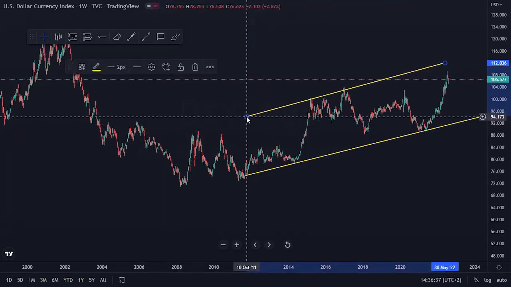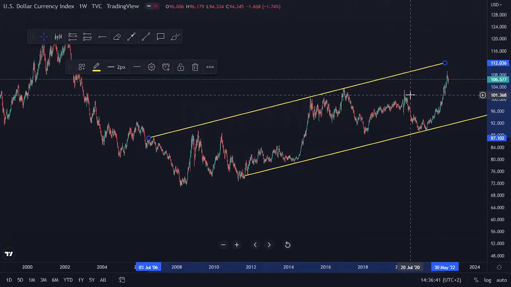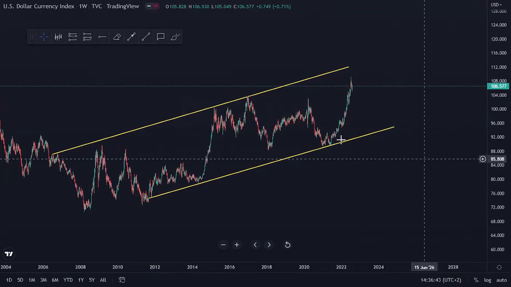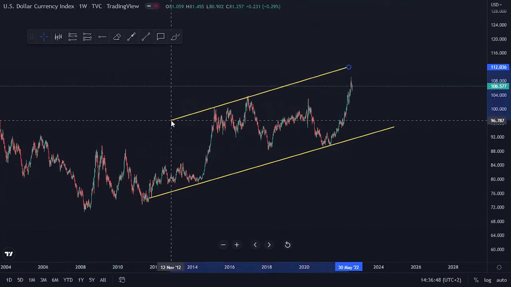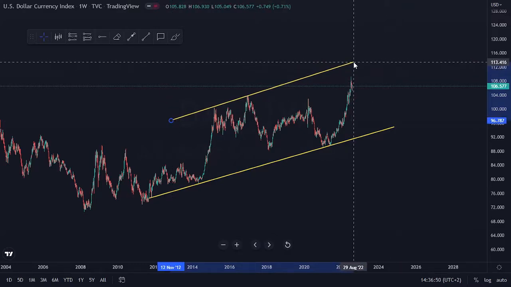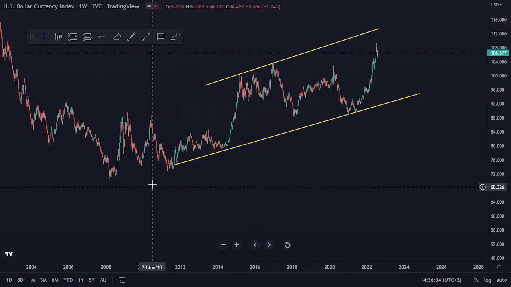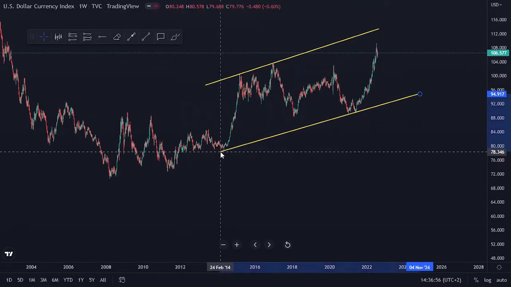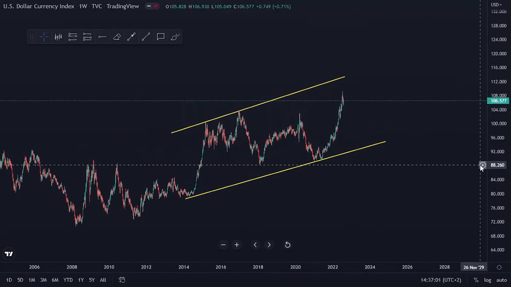So this actually was the best line because it touches the two most recent highs, more of an ascending type structure. So I can make this touch only that, and that is the best trend line right there, and this doesn't have to touch that. So we are in more of an ascending type structure on the dollar index.